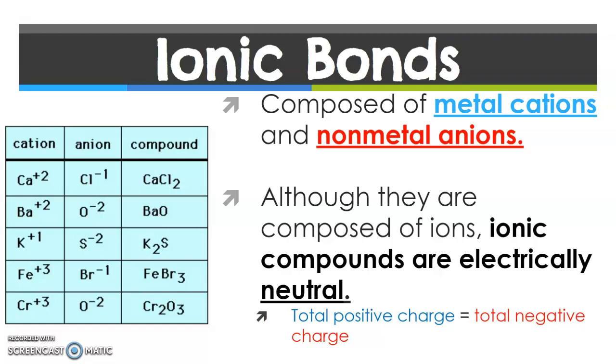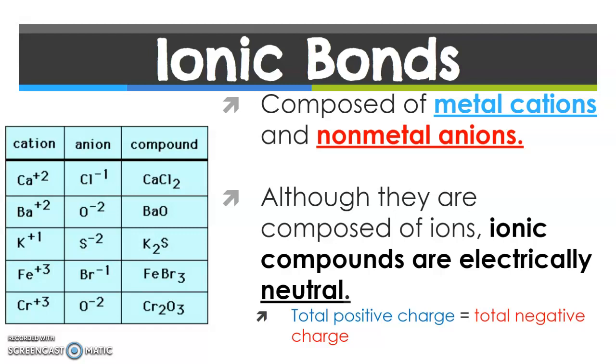Now, even though ionic bonds and ionic compounds are composed of ions, they are electrically neutral, okay? So the total positive charge will equal the total negative charge. Even though the ions on their own will be charged, when they're together in a compound, remember, a compound is two or more elements bonded together, the charge of the compound itself will be neutral, kind of like a neutral atom.